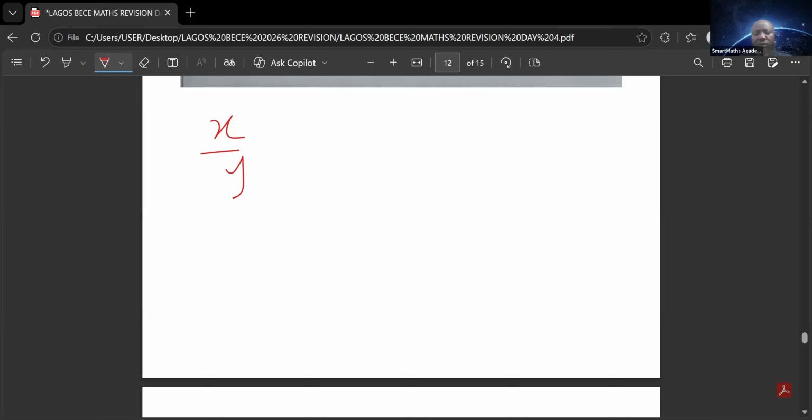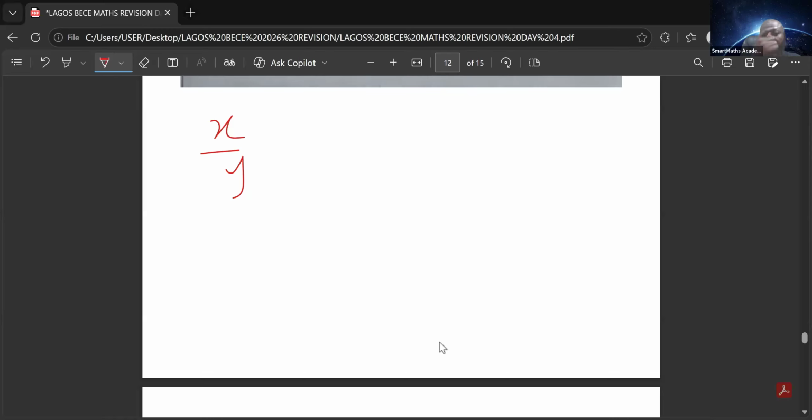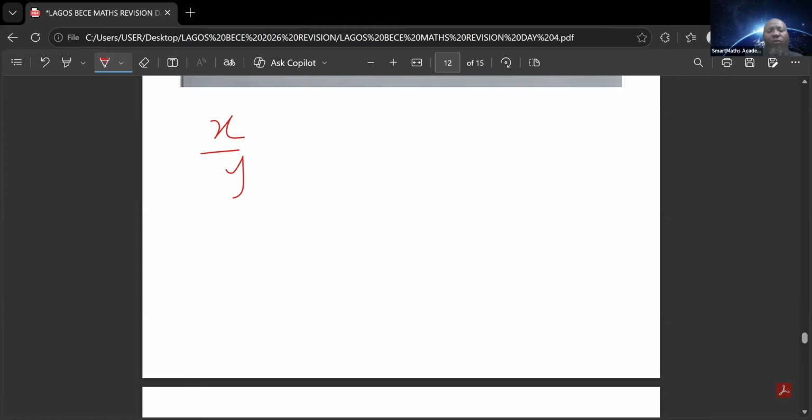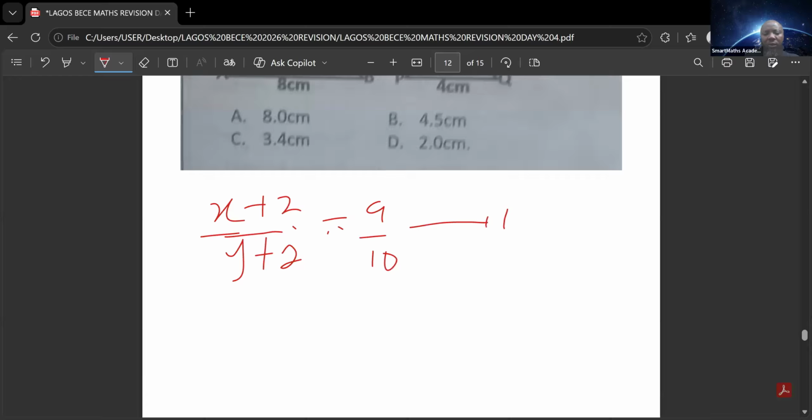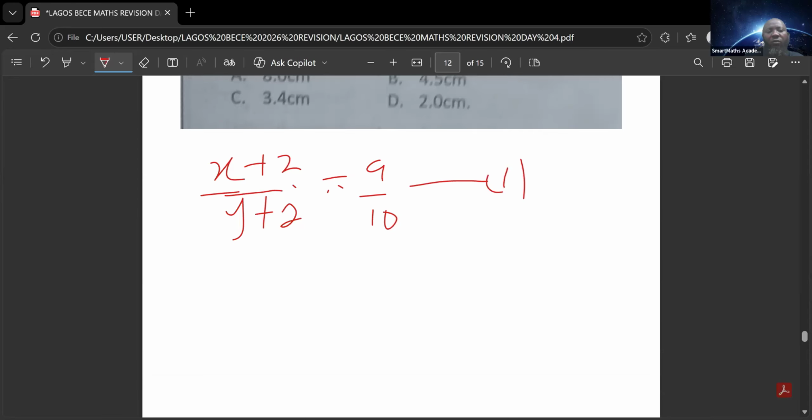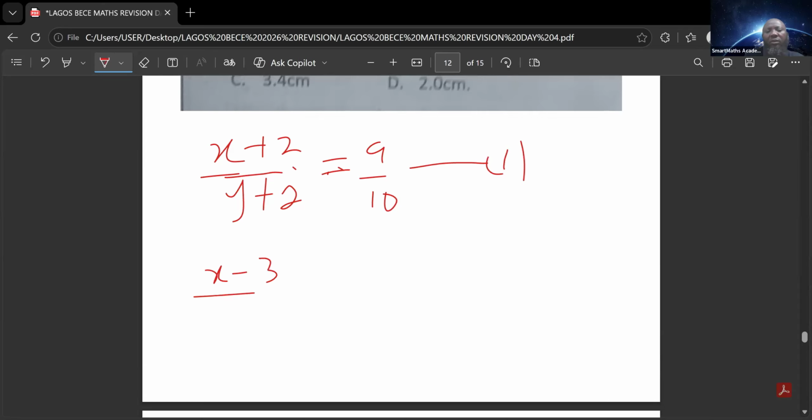Okay, it's showing. So that's going to mean x plus 2 over y plus 2 equals 9 over 10. This is equation 1. The second one is 3 subtracted from it: x minus 3 over y minus 3 equals 4 over 5.